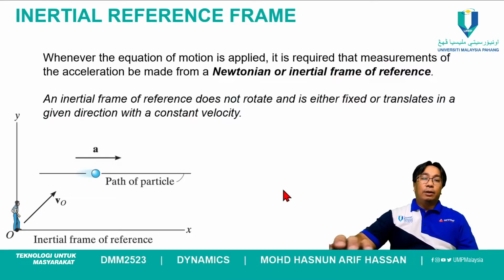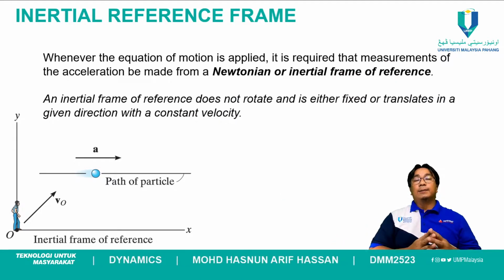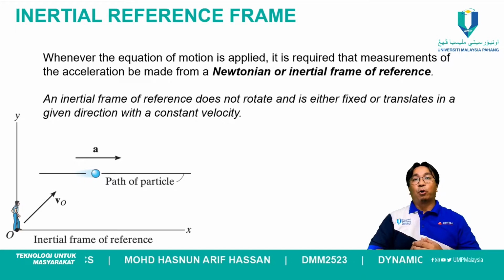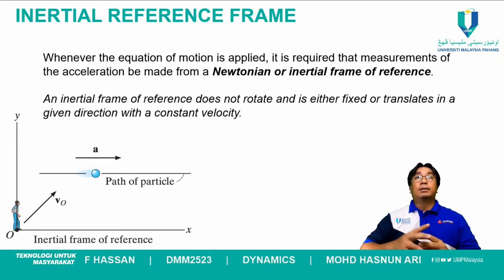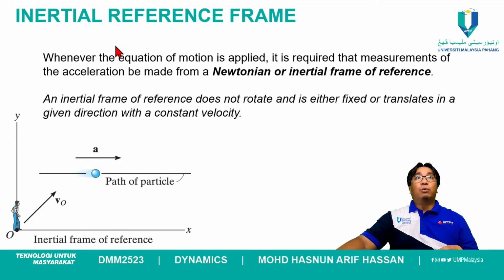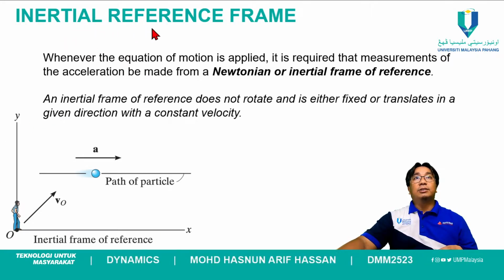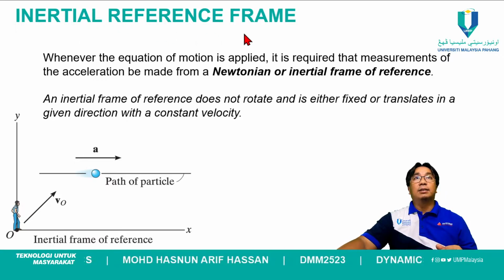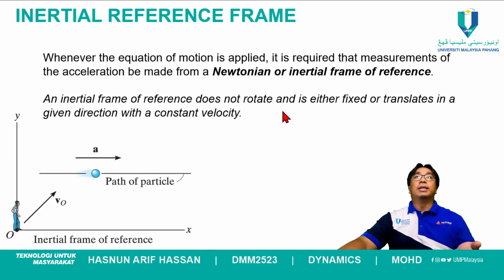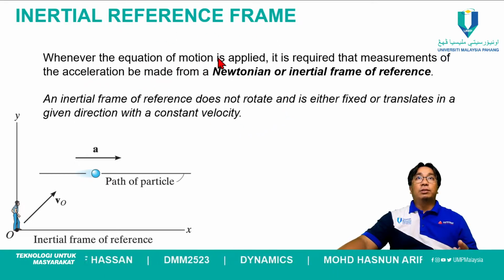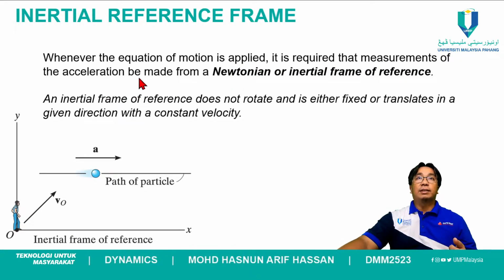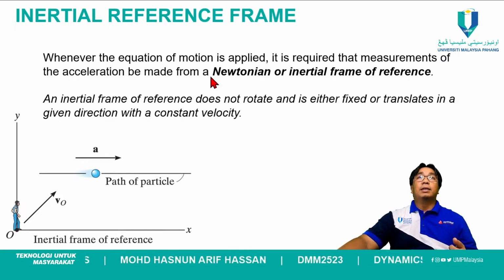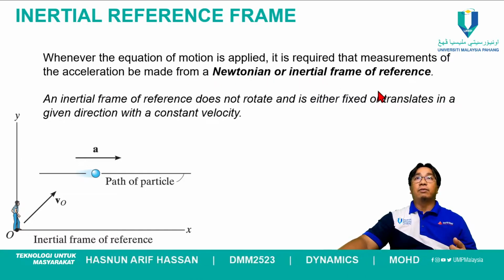When we would like to solve problems related to this topic, we need to define what they call the inertial reference frame. Basically, inertial reference frame ni ialah coordinate system lah. Whenever the equation of motion is applied, it is required that measurements of acceleration be made from a Newtonian or inertial reference frame.